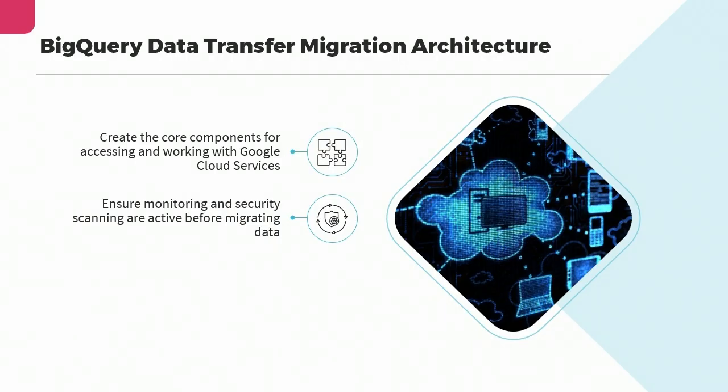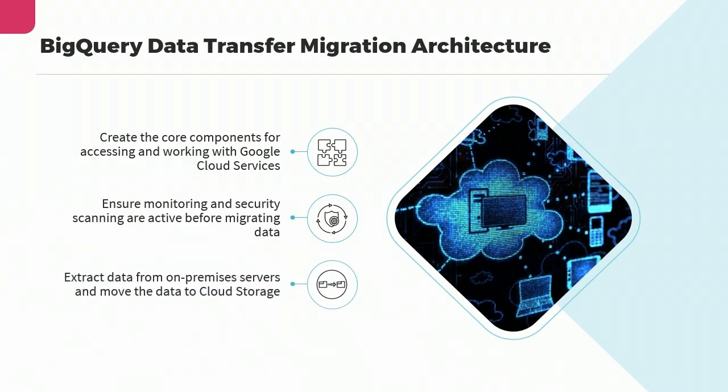So having those services ready to go before any real user data is loaded, using Cloud Operations for monitoring and logging. And we can even use the Security Command Center for security monitoring to make sure that we're not violating any security directives. And so we want to be able to extract data from on-premises servers and move the data into cloud storage. This is where we're going to put them and establish an ongoing synchronization using this BigQuery transfer service so that they are stored in cloud storage files.